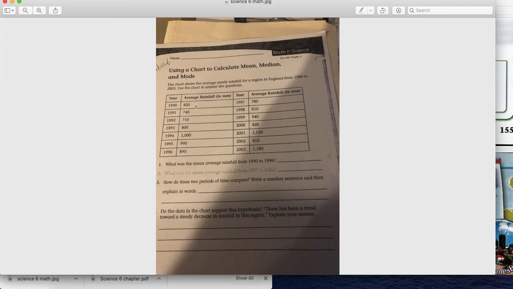If you look at this stuff, it started here, down, down, up, down a tad, down, up, down, up. So no, there's no trend of a steady decrease. And when we did the average, guys, we got more here than we did there. So I just wrote, nope. The last 7 years had more rain than the previous 7 years before that. Okay, practicing a little math skills, looking at the way climate works and operates.